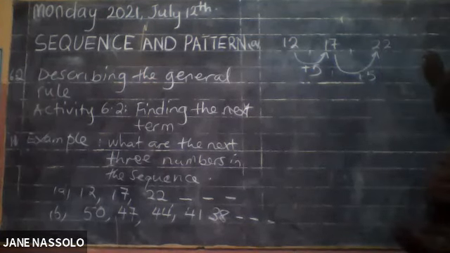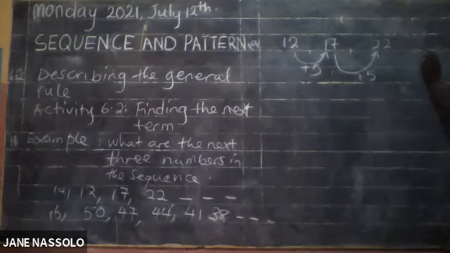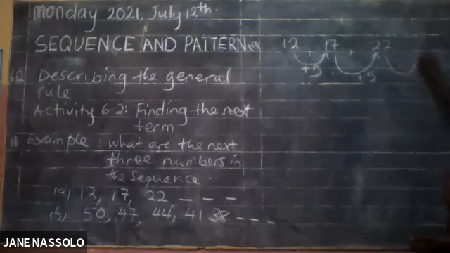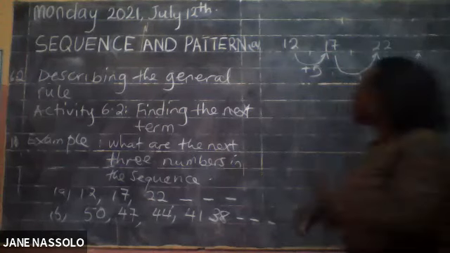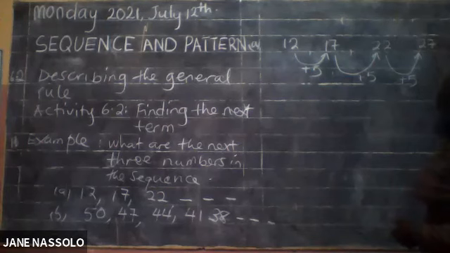If another test is given, how many marks do you think you're going to get? 27. And how do you get that 27? By adding 5 to the previous one to get the next one. Adding 5 to 22, that will give us 27.